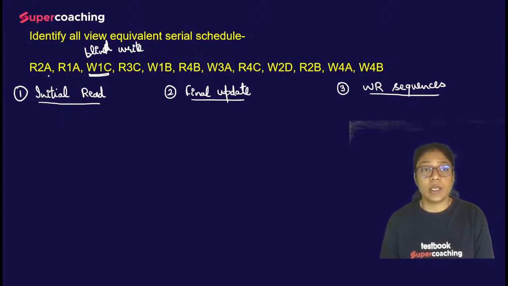So in this case, we are given 4 data items, A, B, C, and D as well. First of all, we'll identify who is initially performing the read operation, and after that, who is updating that data item.